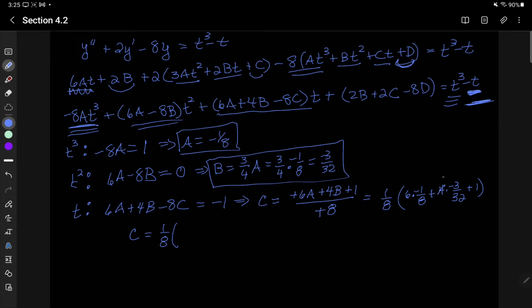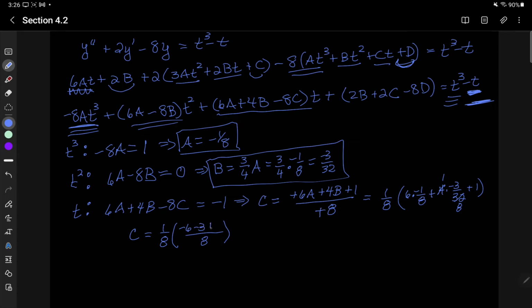let's see what I can do here. If I cancel the 4 and the 32, that gives me 8 as my denominator. So I'll keep 8 as the denominator inside the parentheses. And I get 6 times -1 is -6. And then 1 times -3 is -3.